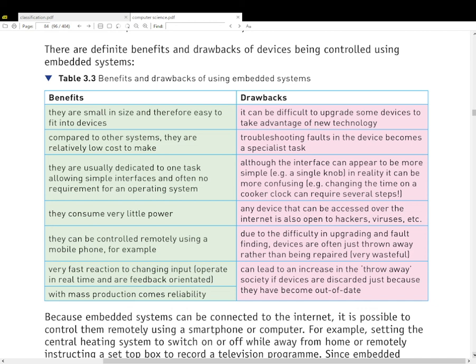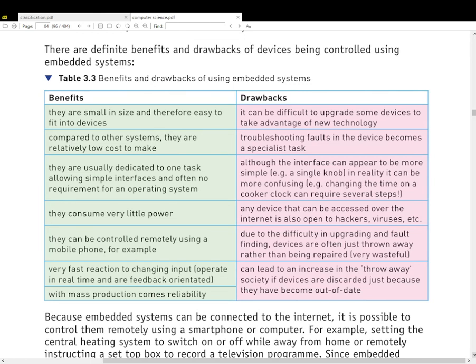Any device that can be accessed over the internet can also be hacked, so that's a challenge. But this is a challenge that is there for all devices, ranging from computers to the small devices that we use. We cannot run away from it, so what we need to do is to prepare ourselves and do as much as possible to keep our systems secure.